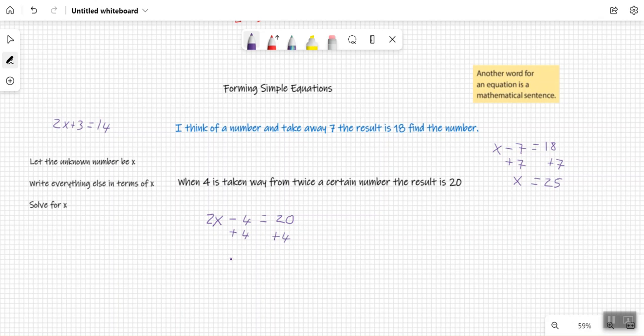These will cancel out and I'll be left with 2x is equal to 24. And now I want to divide both sides by 2. So these will cancel out, and x then is going to be equal to 12.